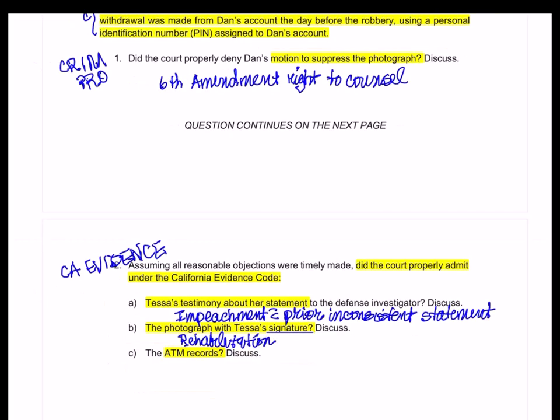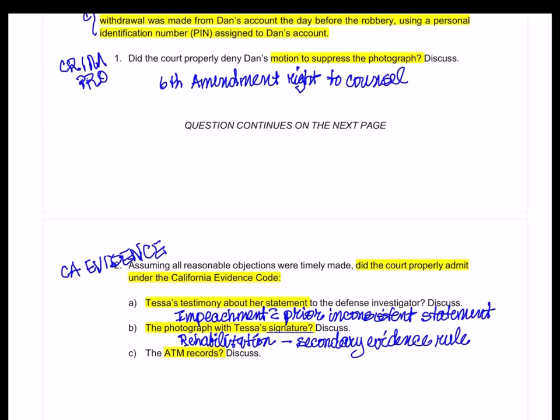So think about prior consistent statement and prior identification. And those two need to be analyzed. And I would point out that both of those differ from the Fed. So for prior consistent statement, the California Code allows that for rehabilitation if the witness has been impeached with a prior inconsistent statement.